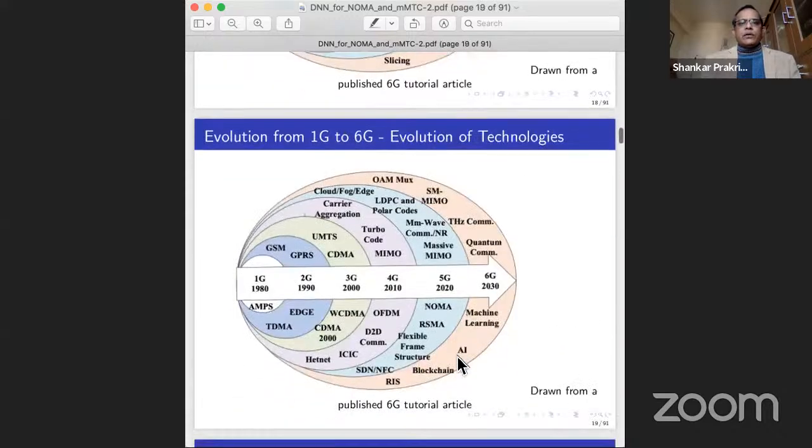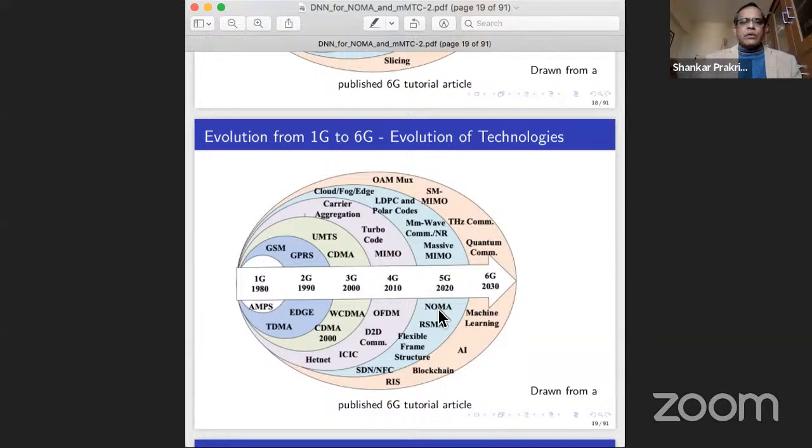So as you can see, the type of technologies, of course, earlier we were used to GSM and GPRS. Then we went to 3G to WCDMA and so on. We tried CDMA. And then, of course, in 4G, we tried various types of technologies that came into the picture. D2D, for example, for the first time. MIMO, carrier aggregation, these ideas came in. 5G, of course, all of these we are familiar.